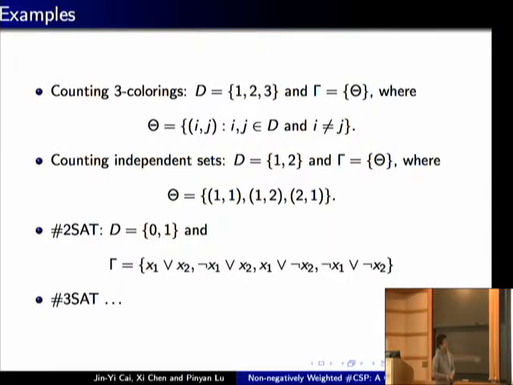And for counting independent sets, you can let D be a domain with 2 elements and theta be this constraint, and it gives you counting independent sets. And of course, we can express 2-SAT and 3-SAT, and formulate them as counting CSPs.